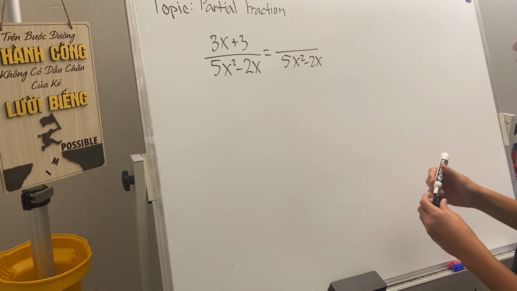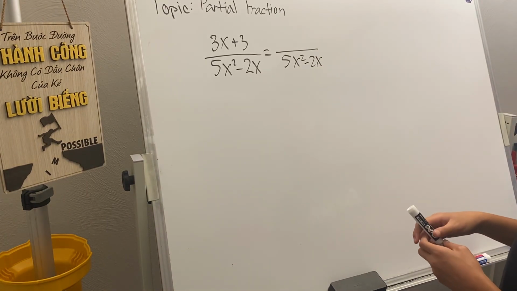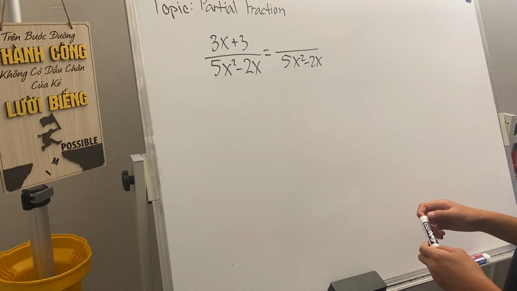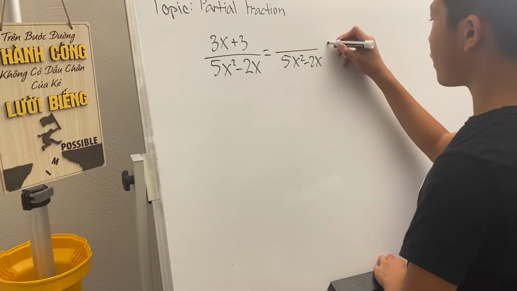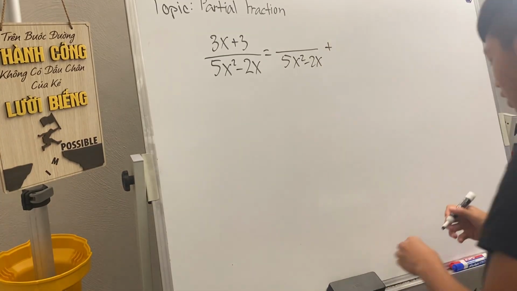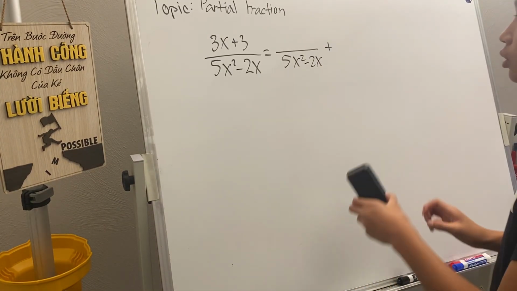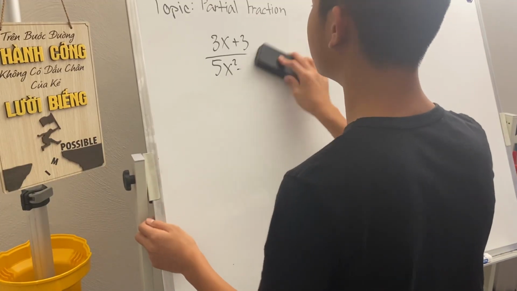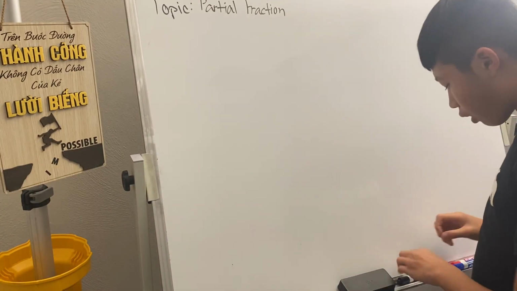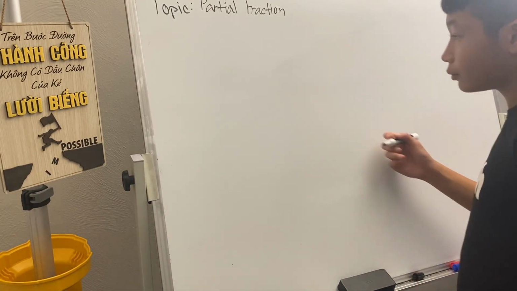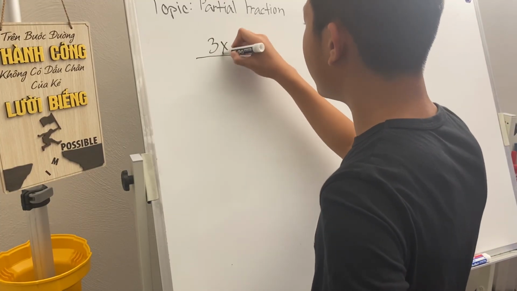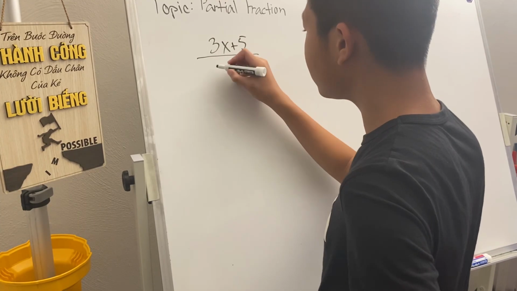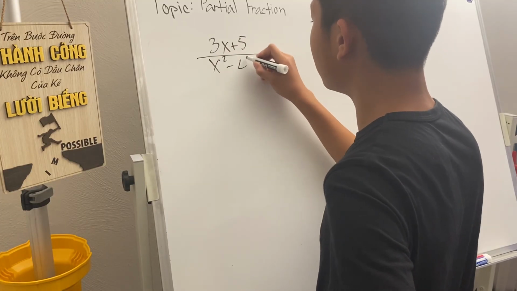Well, you can't break this. Can you? No. Now let me give you guys a different example. Like this. So we have 3x plus 5 over x squared minus 4.